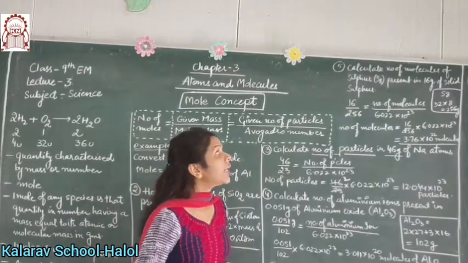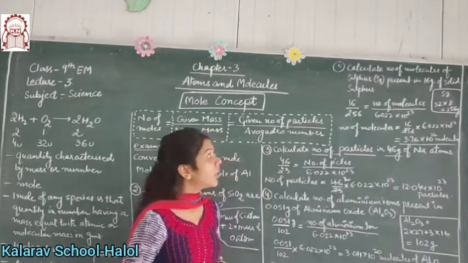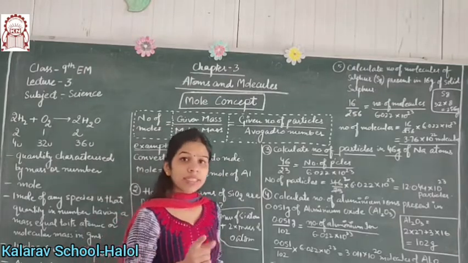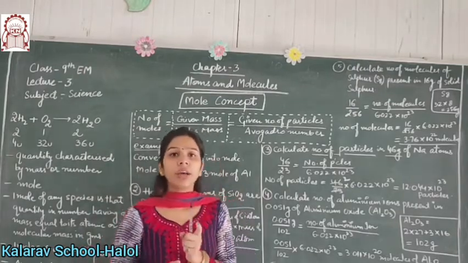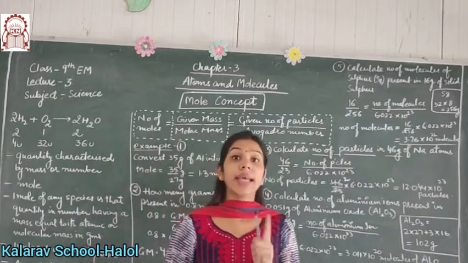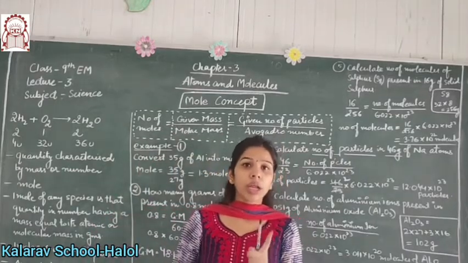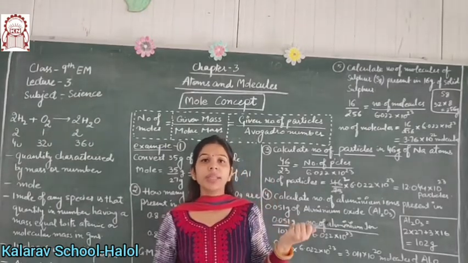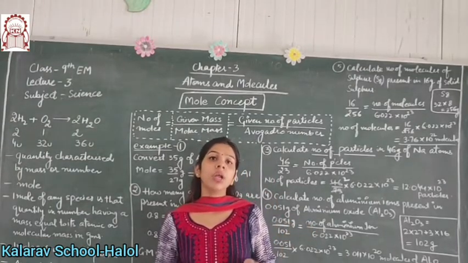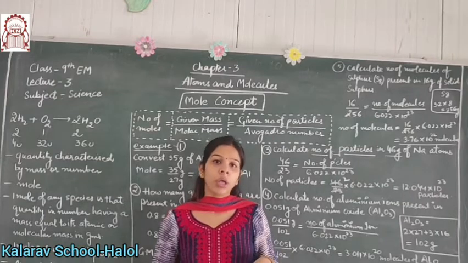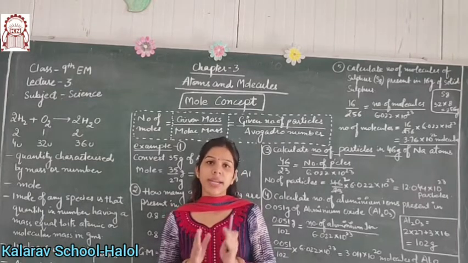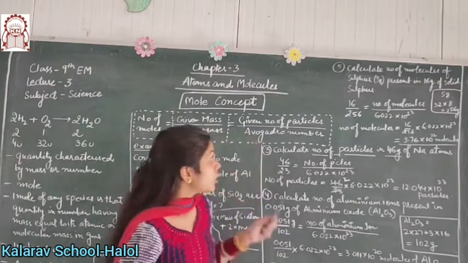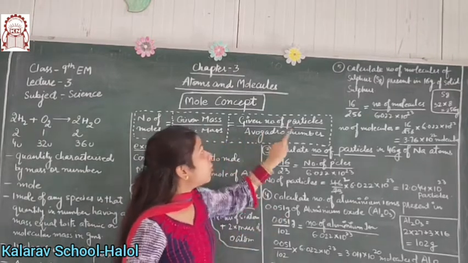Next, calculate the number of molecules of sulfur present in 16 gram of solid sulfur. Firstly, the molecule of sulfur is represented as S8, as it is an octatomic molecule, so its atomicity is 8. If the phosphorus molecule is given, you have to write P4 because phosphorus is a tetraatomic molecule, its atomicity is 4. Here we have to find the number of molecules.